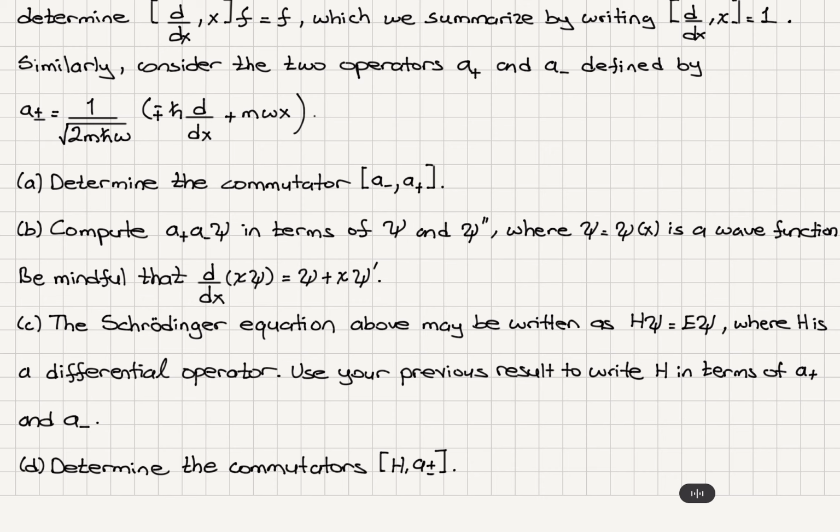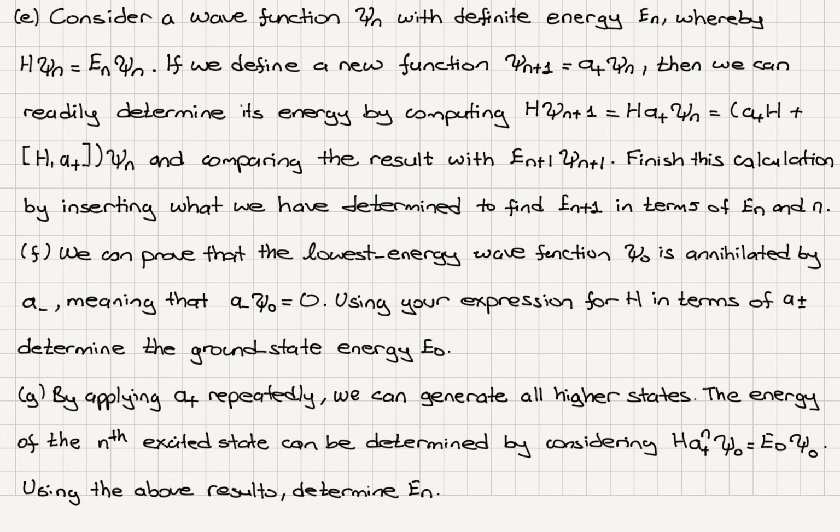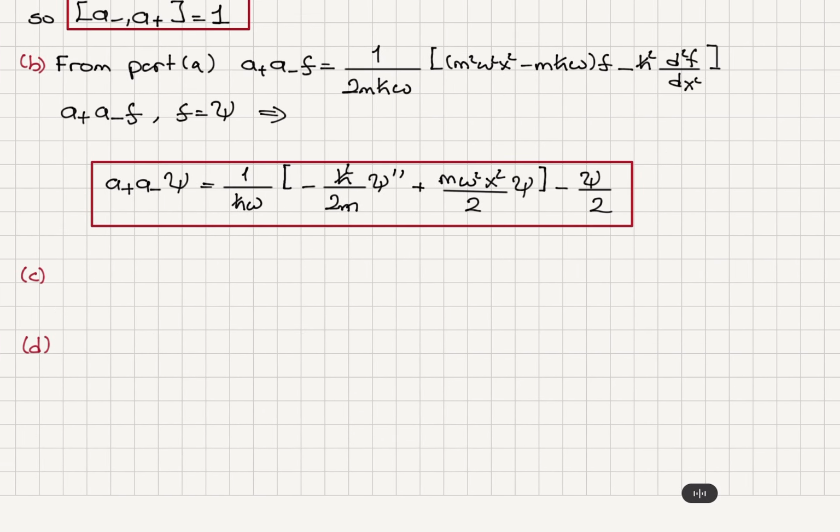The Schrödinger equation above may be written as H applied to psi is energy times psi, where H is a differential operator, the Hamiltonian operator. Use your previous results to write H in terms of A plus and A minus. Okay, well, this obviously looks like the Schrödinger equation here.